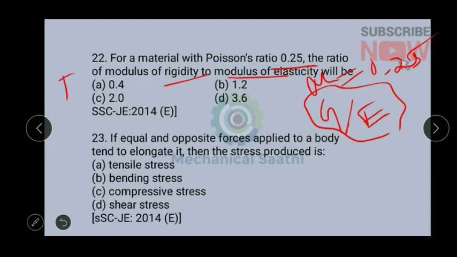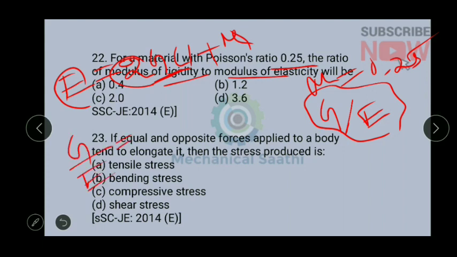If we remember the relation, E is equal to 2G into (1 plus mu). All these values are given and we need to calculate G by E. For that, we take E to one side and this whole term to the left side. So G by E will be equal to 1 by 2 times (1 plus mu), and 1 plus mu is 1.25.